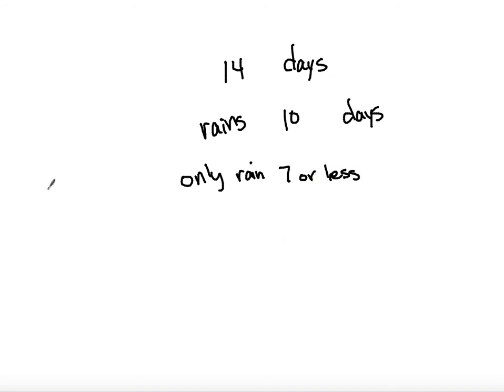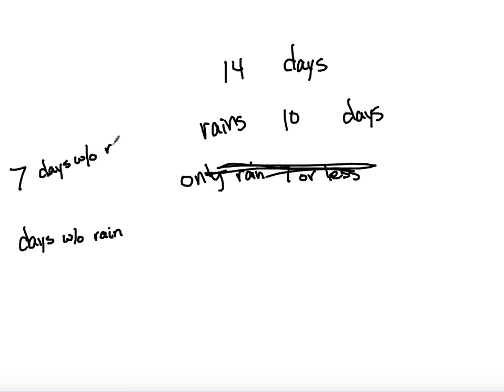Okay, so they want to know how many days they're going to have without rain. And I'm sorry, they don't want it to rain 7 days. They want 7 days without rain, at least.